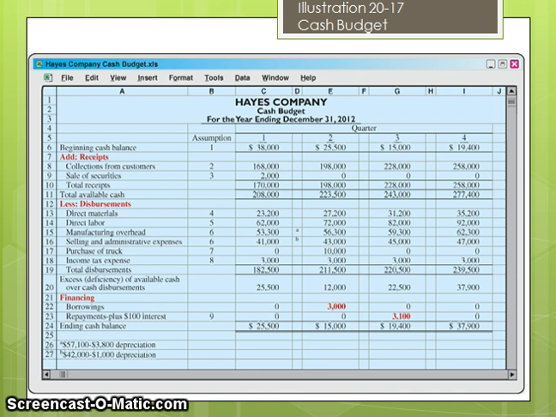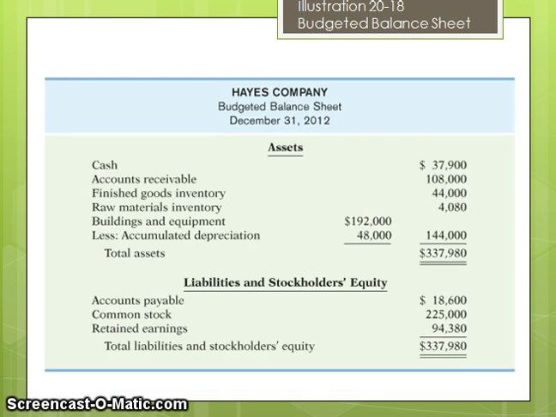That's your cash. And again, I don't have your capital expenditures up here. It was not illustrated, but it would just be a schedule of expected purchases for capital, again, things like fixed assets. After you've done that capital expenditures budget and the cash budget, then you could calculate and make up your budgeted balance sheet last.